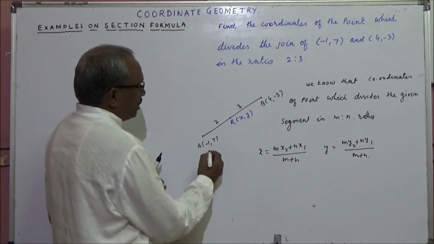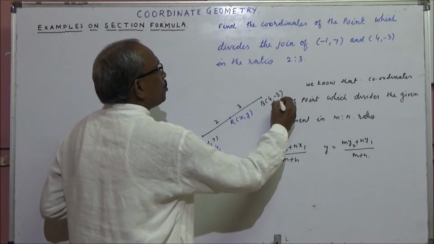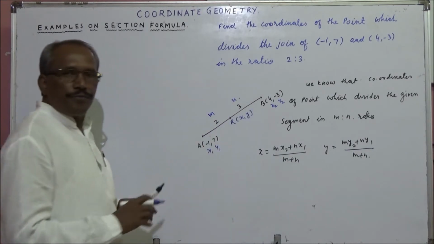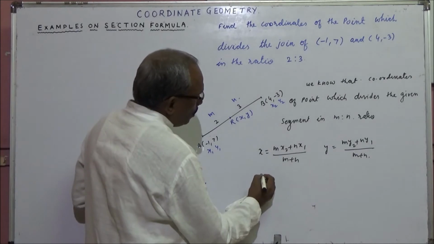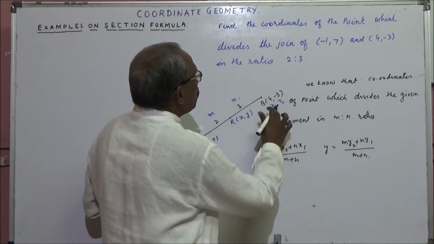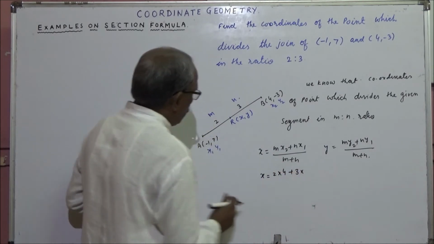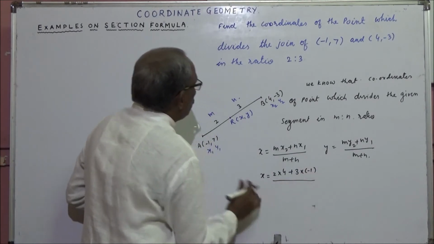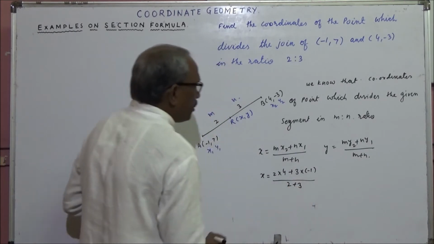So call this as x1, y1, x2, y2, and this as m and n. Okay. So x is equal to m is 2, x2 is 4, plus n is 3, x1 is -1, upon 2 plus 3.